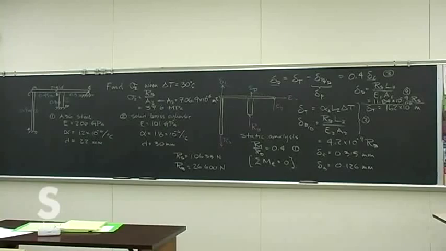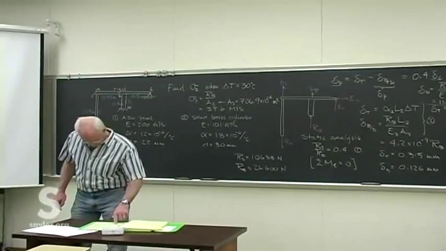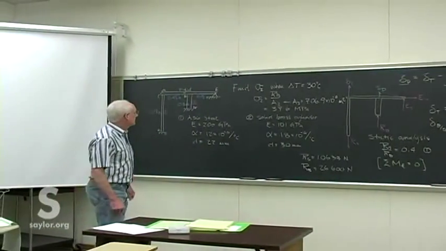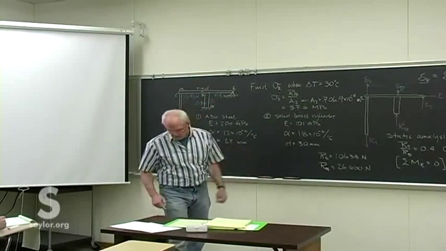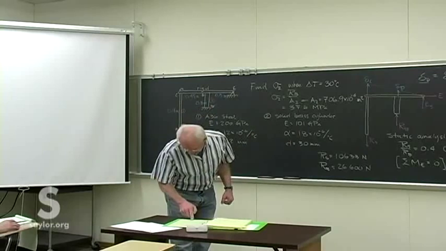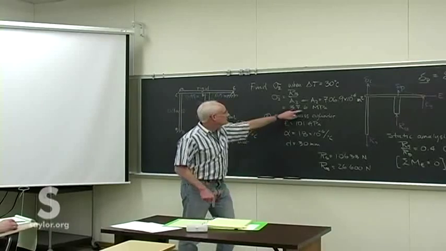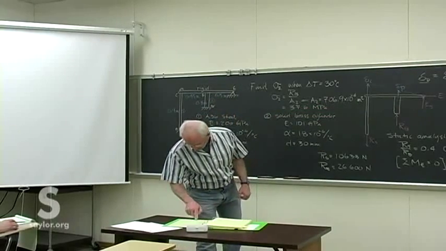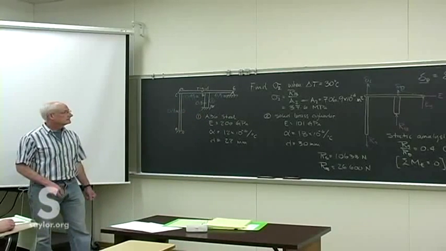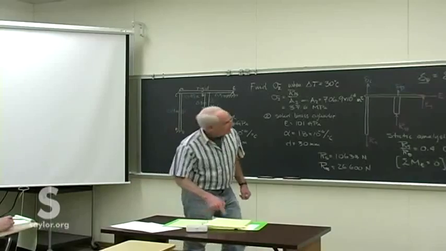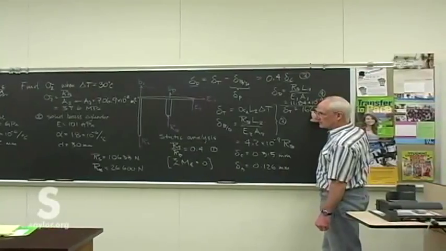Yeah, that's, B times 0.3, over 101.7, E. Times 10 to the 9th pascals times the area, which was 706 times 10 to the minus 6 meters squared. And DT is, what did you get for DT? 1.62 times 10 to the negative 4.